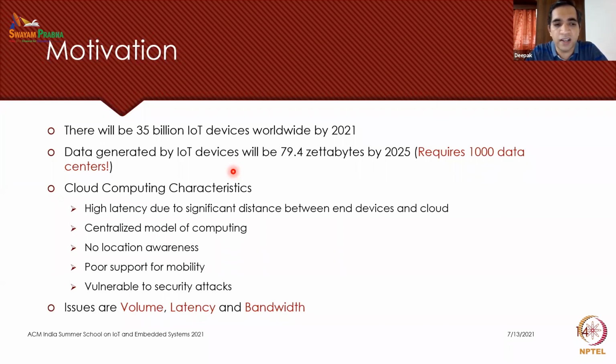One other important aspect that cloud computing lacks is location awareness. Assuming you want some service to get executed for some purpose, the cloud does not automatically have any location awareness.